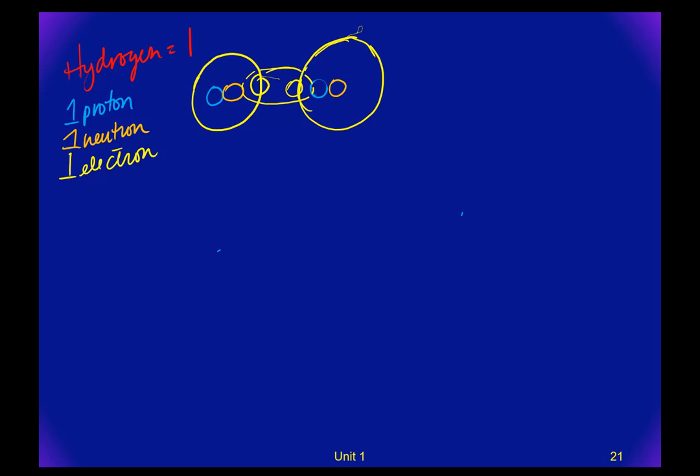Okay? Now, why do I mention this? Because if they're sharing, that means this guy sometimes comes over here and this guy sometimes goes over there. It's almost like having an infinity symbol around these 2 atoms, because these electrons are sometimes going over to the neighbor, sometimes staying where they originally are.